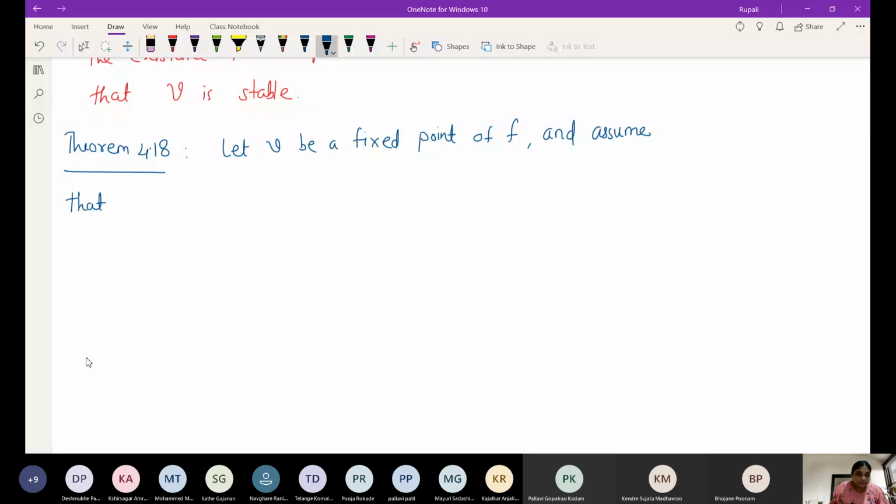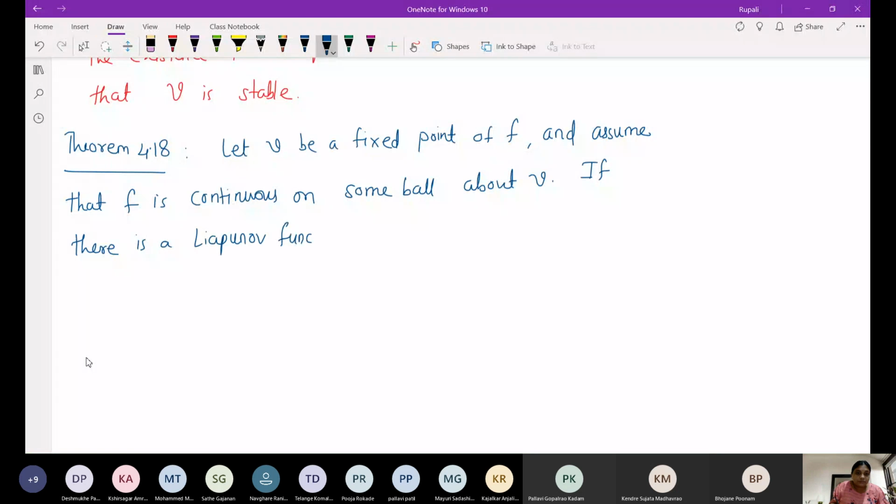that f is continuous on some ball about V. If there is a Liapunov function for f at V, then V is stable.